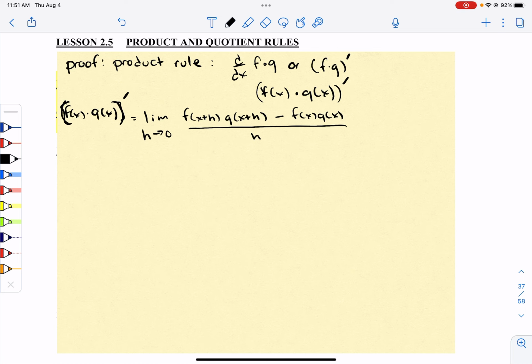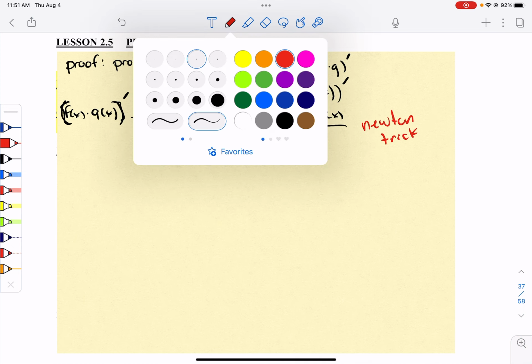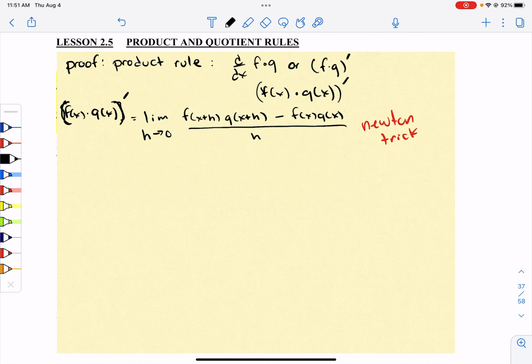There's this guy, you may have heard of him before, Mr. Newton. Newton came up with a really cool trick where in the same problem, I'm going to add and subtract something. I'm going to add something in, but because I'm adding it in, I also have to subtract it.